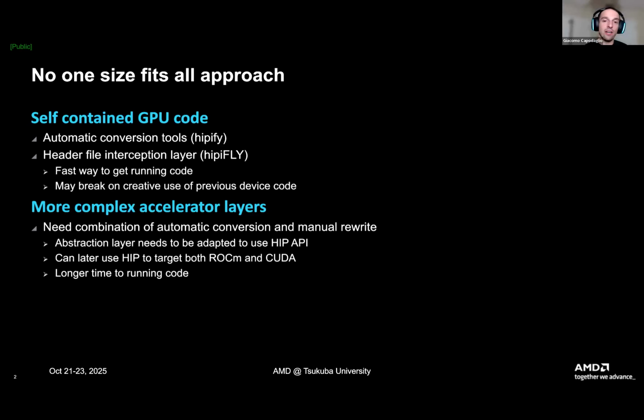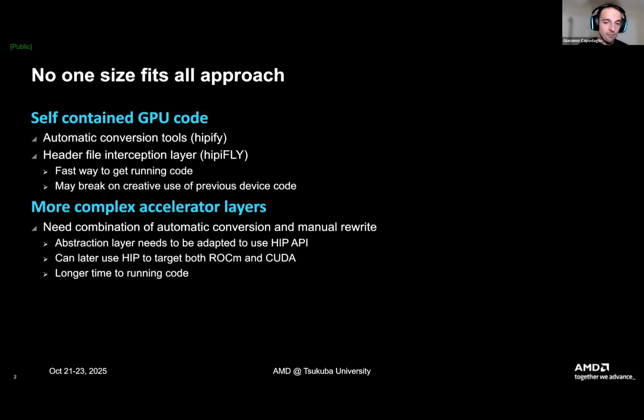this header file that intercepts on the fly the CUDA API calls and swaps them with HIP API calls. So one reason why people like it is that they can just keep the CUDA code as the unique source, and then they don't need to maintain a CUDA and a HIP version. So I'll tell you more about that next.